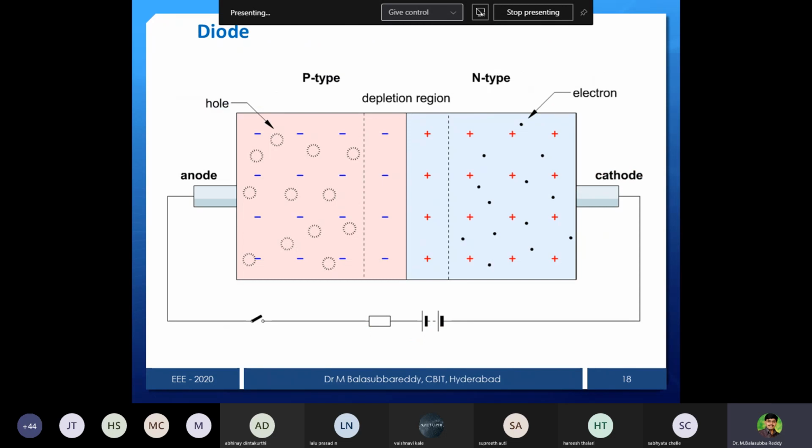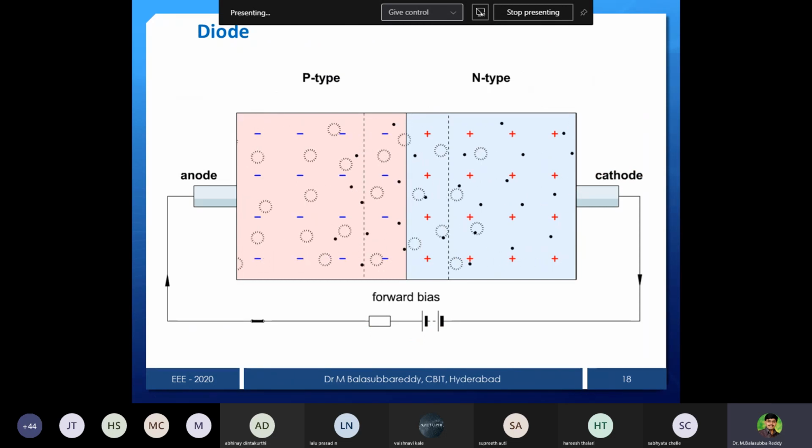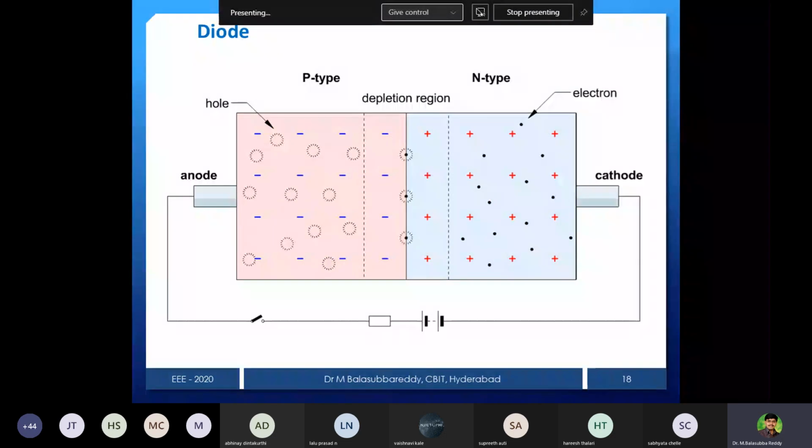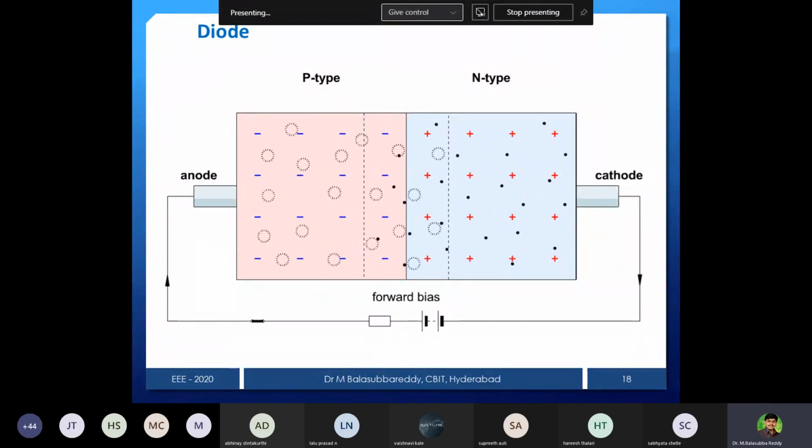This is a small operation of the diode only: normally, what happens in forward bias condition and what happens in reverse bias.